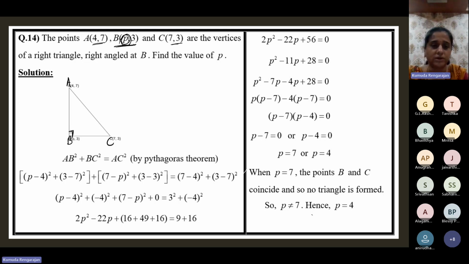So we have to find the x coordinate of B. So you need to find some relation between these three vertices. Since they are the vertices of a right angle triangle, you can use the Pythagoras theorem.